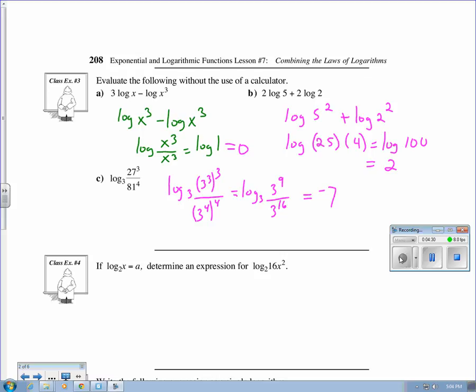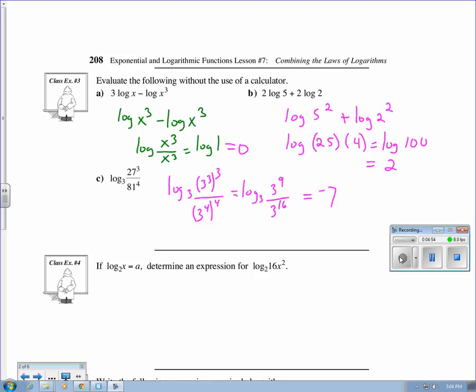So I really like the look of those numbers as they related to 3. I replaced the 27 with 3 cubed, and then there's still a 3 living on the outside. I replaced the 81 with 3 to the 4, and there's still a 4 living on the outside. Then the 3 on the top becomes 3 to the exponent of 9.